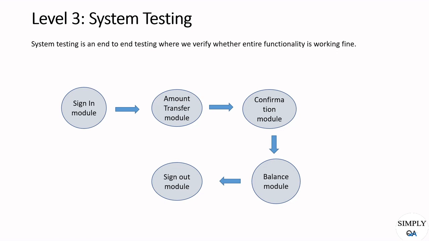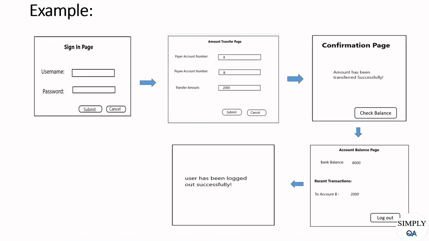No, right? So there will be a process to land you there. For example, you first of all have to sign in to that application. After that, you have to navigate to the amount transfer page, and once the amount is transferred, you will get the confirmation, and once you get the confirmation, you will check the balance, and once everything is done, you will be signing out, right? So this is known as system testing.